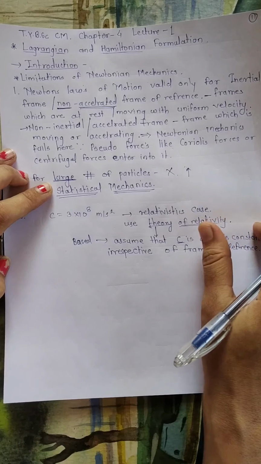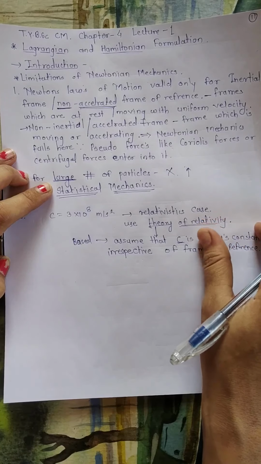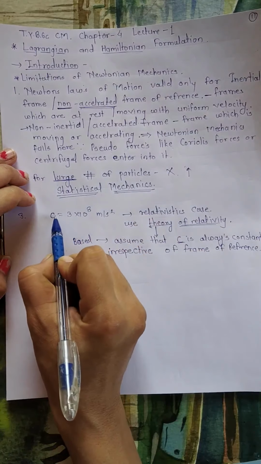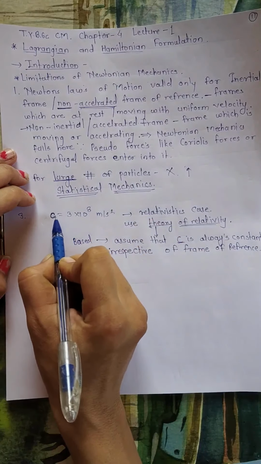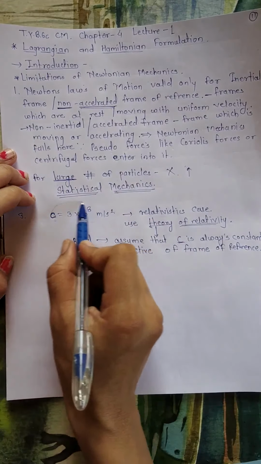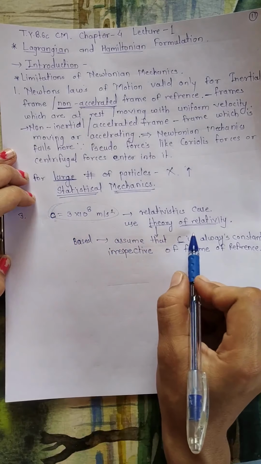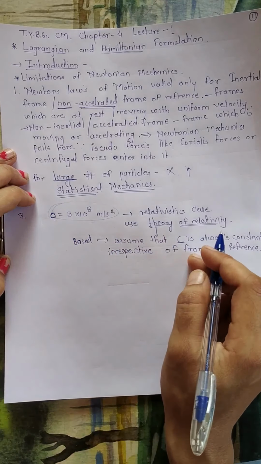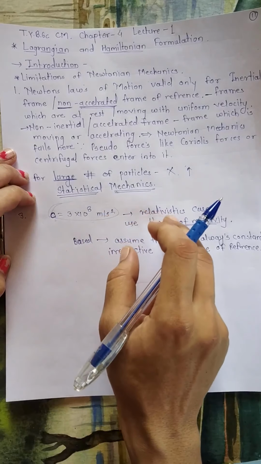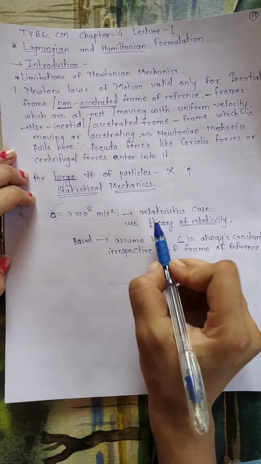So this is inconsistent with Newtonian mechanics. Whenever a system has particles moving with the speed of light, this is known as the relativistic case, and these systems are studied on the basis of the theory of relativity. So Newton's laws are not valid in the relativistic case.